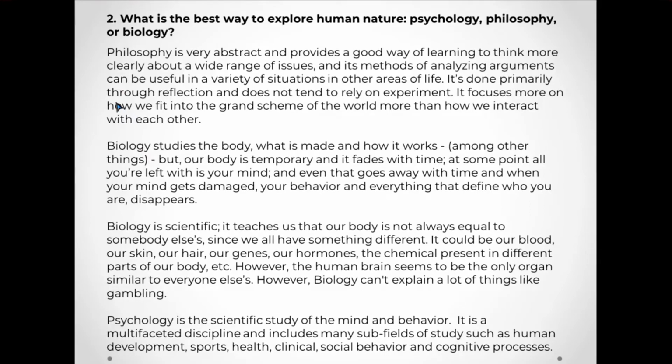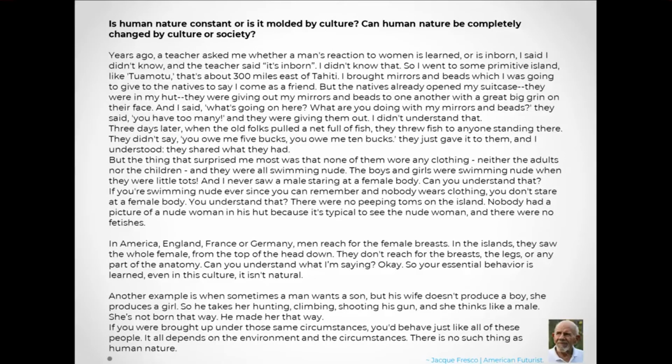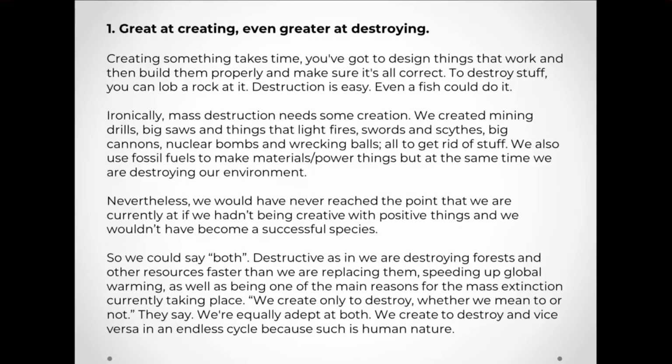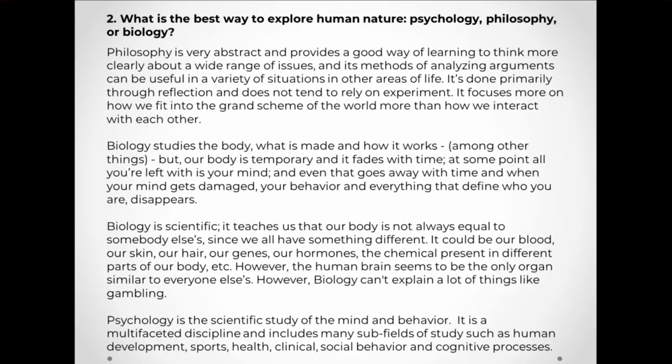The second text is about how to explain human nature, which science explains it better. And the third one is about whether there is such a thing as human nature. The second one? That was the third one. The second one is what science explains better about human nature. Yeah, and it speaks about 3 sciences here. They chose number 1. Which one are you going to choose? Number 2. Number 2, okay.